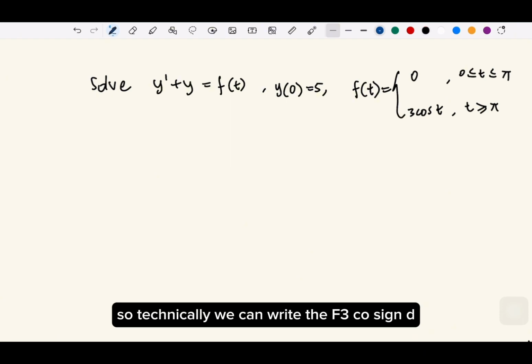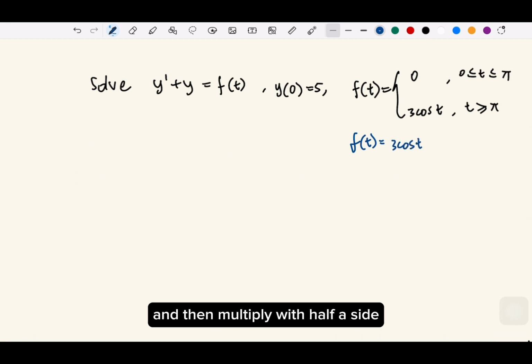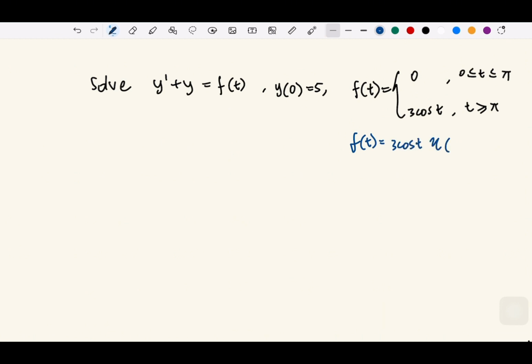So technically, we can write the f as 3 cosine t multiplied with Heaviside.